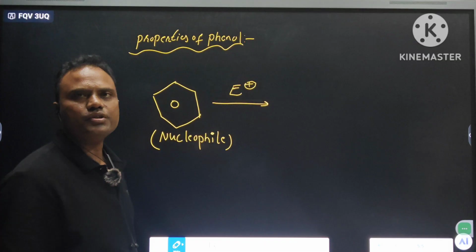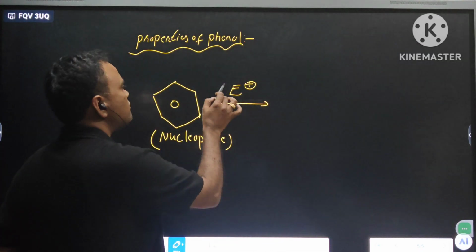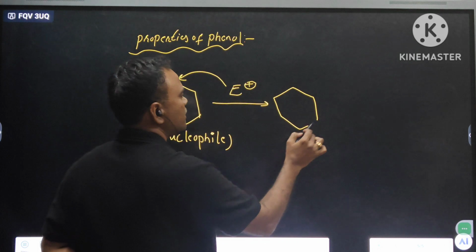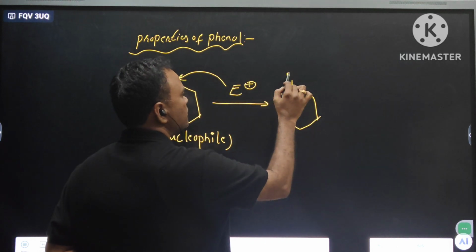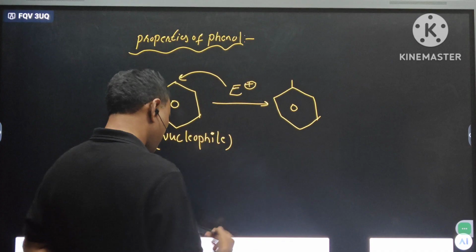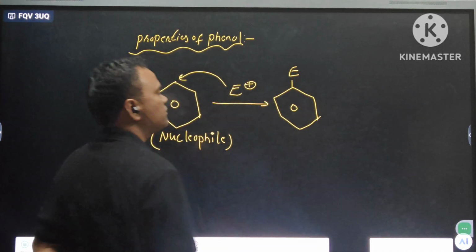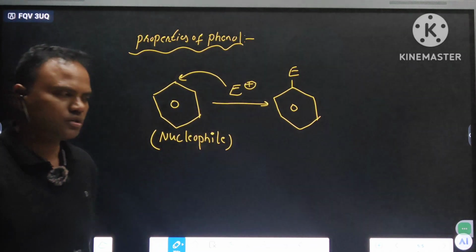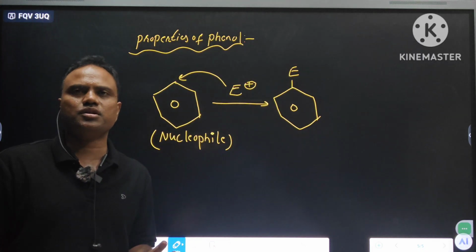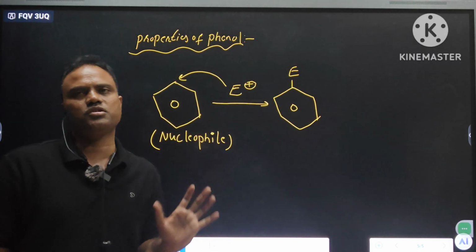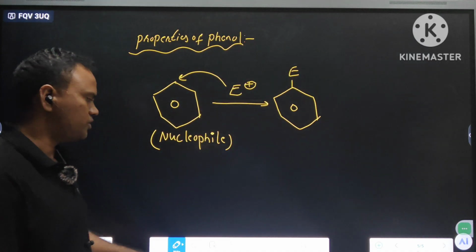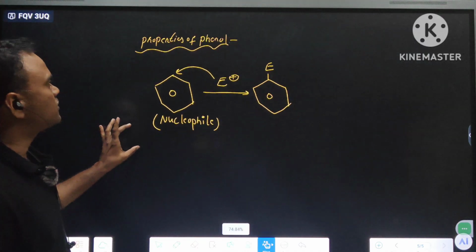Electrophile is electron deficient. So electrophile attacks on the benzene ring because benzene is electron rich center, electron denser area. So electrophile will attack on the benzene ring. Remember, benzene is considered as an electron rich species. Always remember.